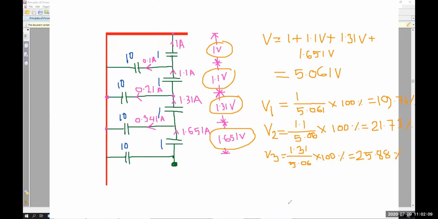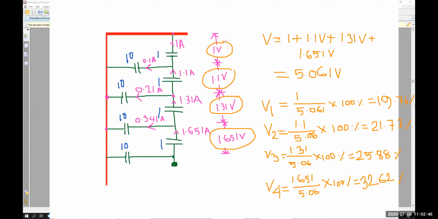What about V4? 1.651 divided by 5.061 into 100%, that is 32.62. Okay, that is the percentage, right?